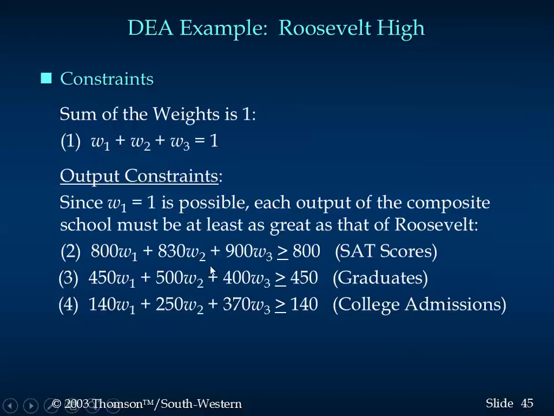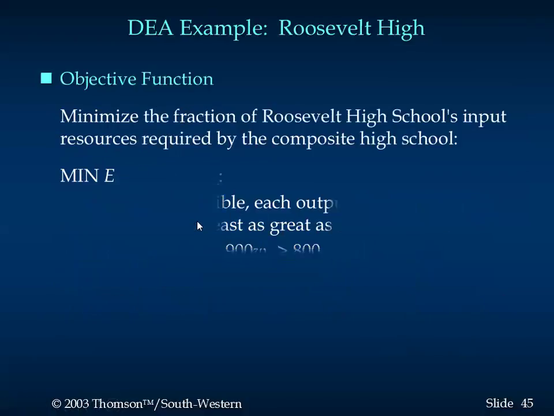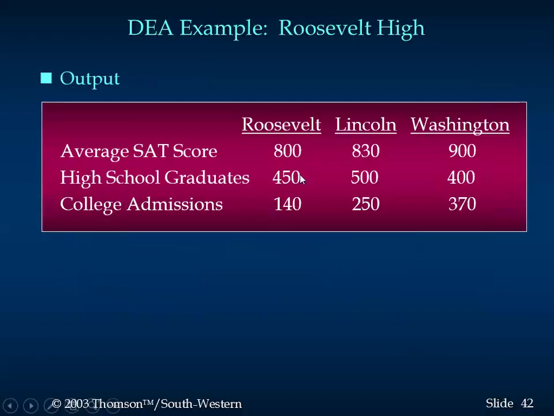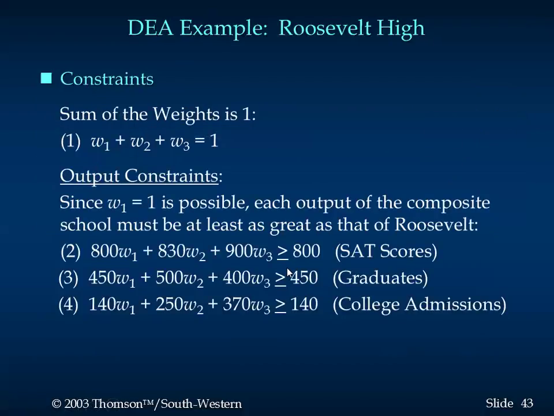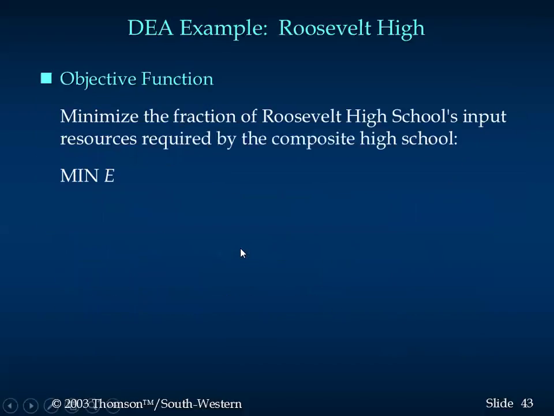Second is the weighted average outputs. Take the outputs of each of the schools and multiply by the weights. 800 W1, 830 W2, 900 W3 should be greater than or equal to Roosevelt's, which is 800. That's how the constraints are formed.